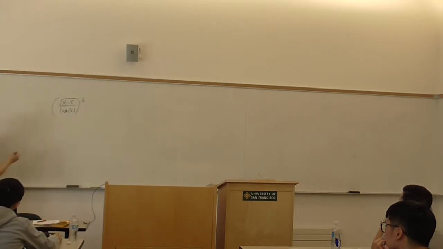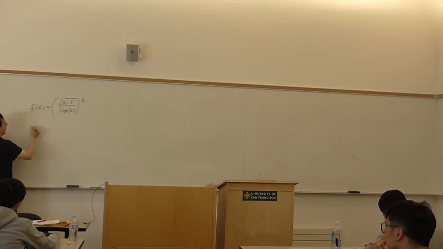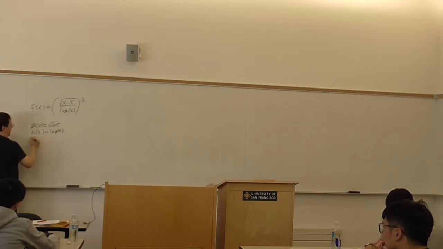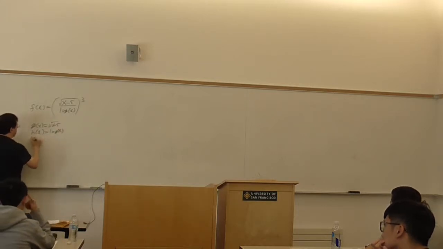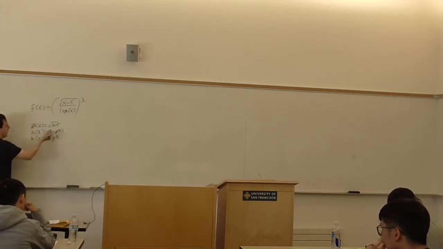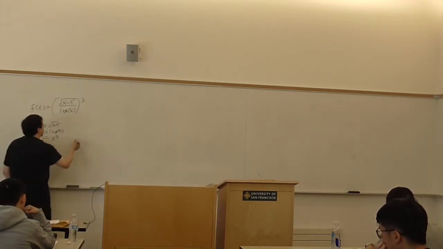But if we can break it down, let's call this f of x, and say g of x equals square root of x minus 5, h of x equals log of x, k of x equals x cubed. Now we can make it at least a little simpler.